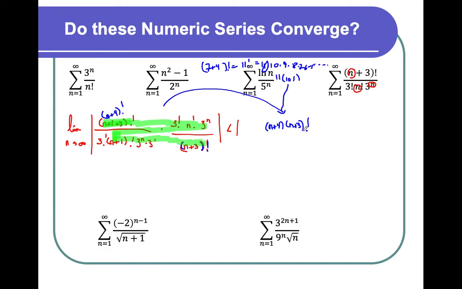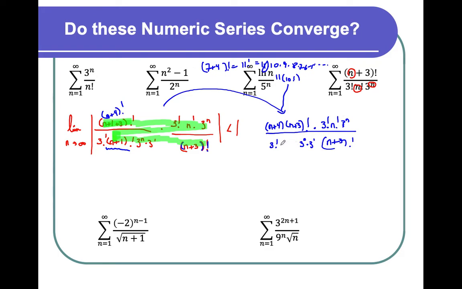Now, why did I want to do that? Because what's in the denominator over here was n plus 3 factorial, so I'll be able to cancel those out. Now I've still got this 3 factorial, which is going to go. I have 3 to the n, which is going to go. And I have a 3 to the first, which is going to stay, right? Nobody's going to cancel out with that. And then the only thing I have left here is an n plus 1 factorial and an n factorial in the numerator.